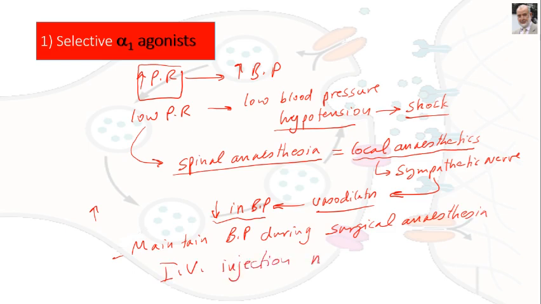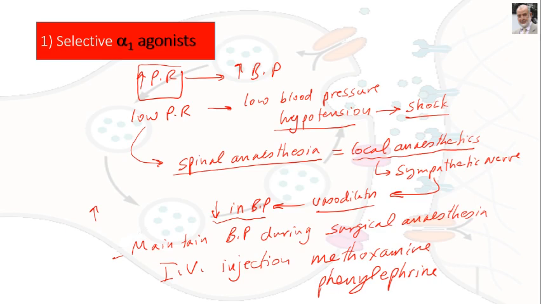The most commonly used in this case is methoxamine and phenylephrine, which we will talk about later, inshallah. Phenylephrine is another choice which is used intraoperatively to increase the blood pressure in cases of surgical anesthesia. Okay, so this is the first use, which is used acutely in certain cases of surgical anesthesia.